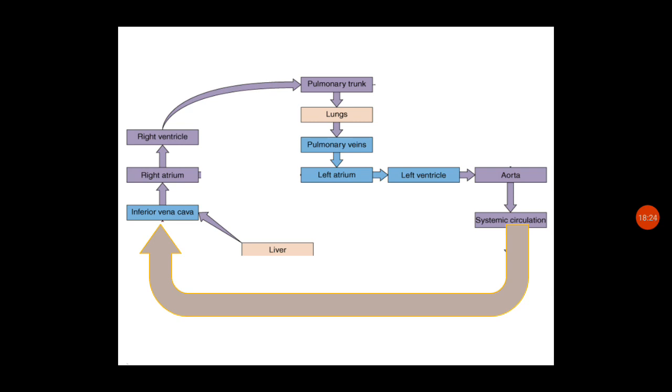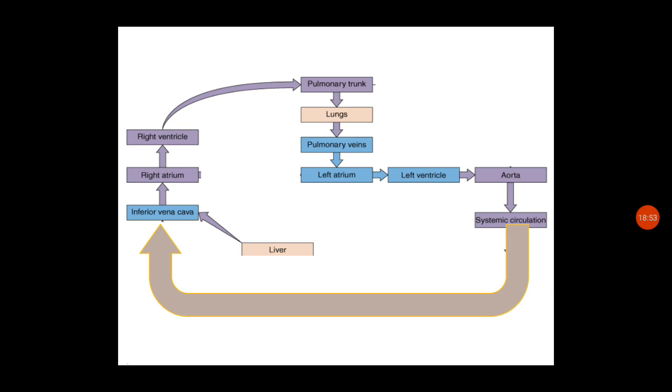From the lower extremities, the inferior vena cava takes blood to the right atrium, then to the right ventricle, and from the right ventricle the blood is pumped into the pulmonary trunk, which carries it to the right and left lungs, where the blood is oxygenated.